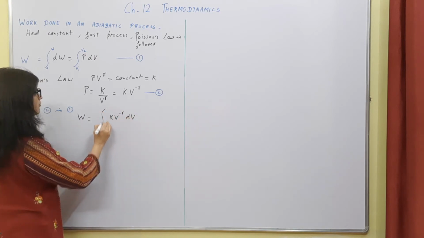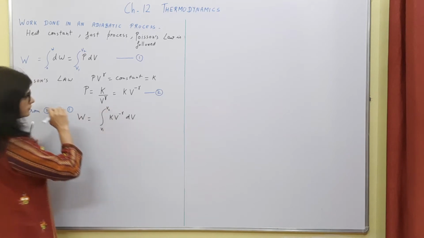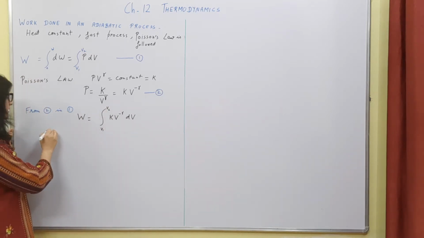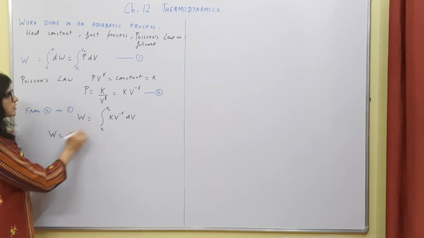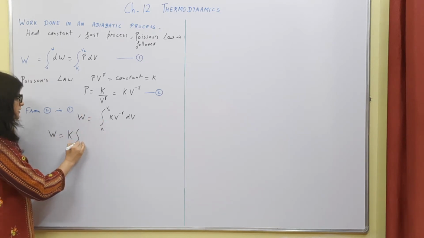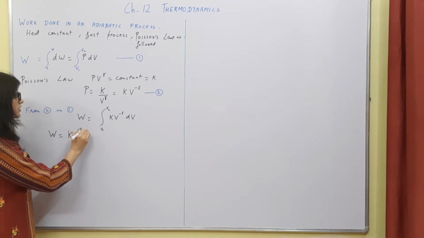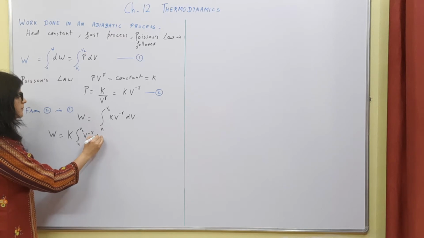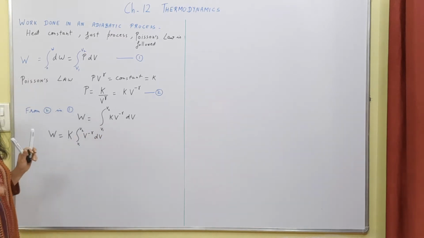We can keep the constant outside the integral sign, so it is K times the integral from V1 to V2 of V to the power minus gamma dV.